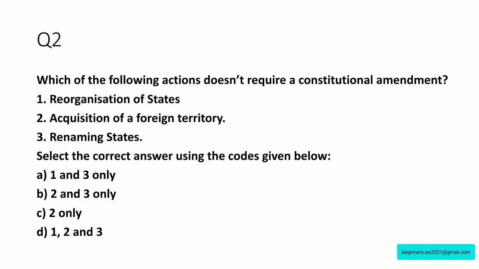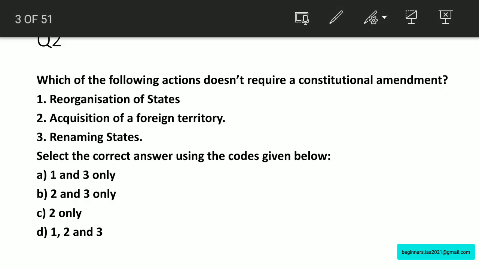Which of the following actions does not require a constitutional amendment? Statement number 1, reorganization of states; 2, acquisition of foreign territory; 3, renaming the states. Select the correct option from the given codes. Article 3 of our Indian Constitution authorizes Parliament to reorganize the state without amendment.